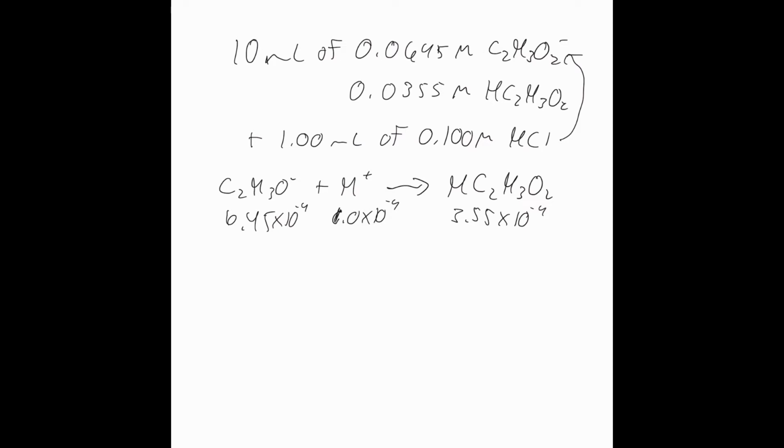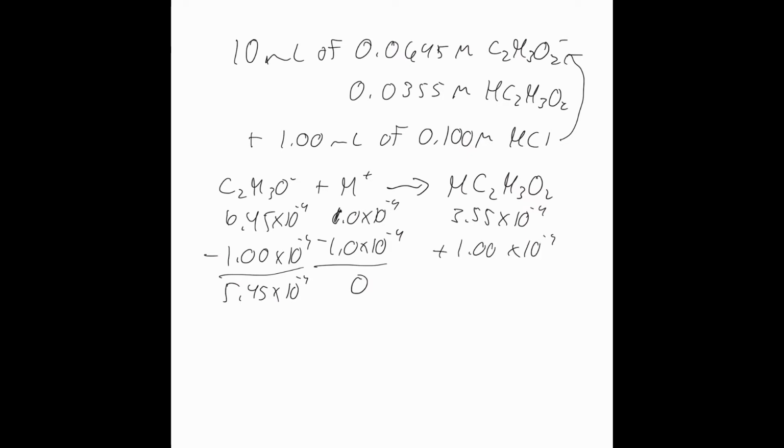That's lower than the 6.45, so that's our limiting reactant. So minus 1.00 times 10 to the minus 4. We're left with 5.45 times 10 to the minus 4. We add 1 over here, and we get 4.55 times 10 to the minus 4.